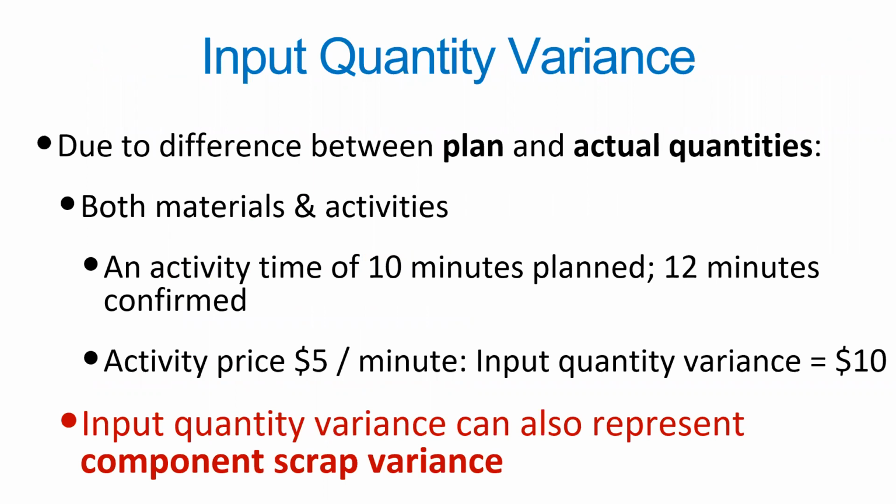Input quantity variance is fairly straightforward. You plan to use a quantity and used a different quantity. You might have lost some components on the way to the production line. They might be faulty. You might have to issue more, and you analyze the variances to help you investigate where to look for that.